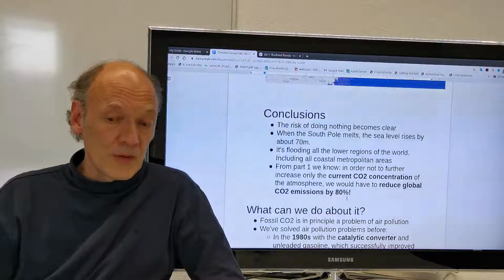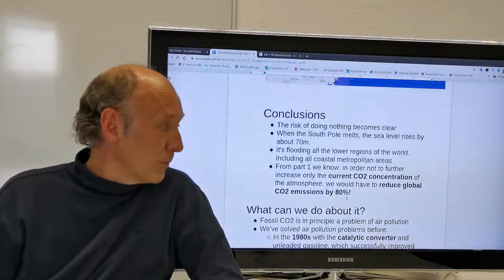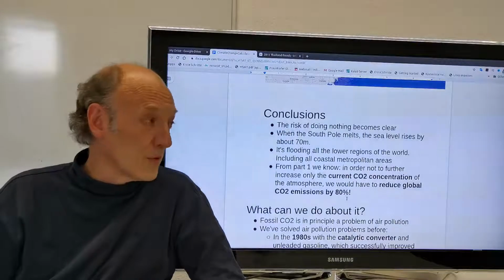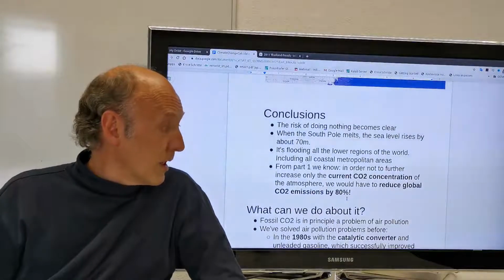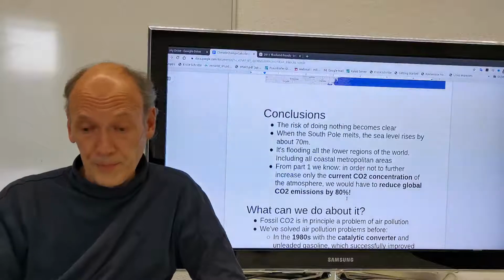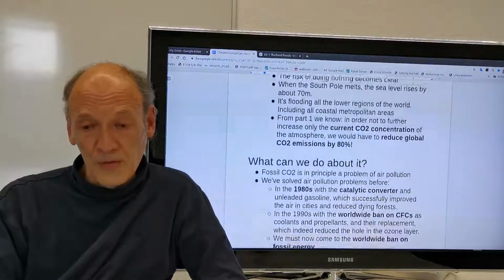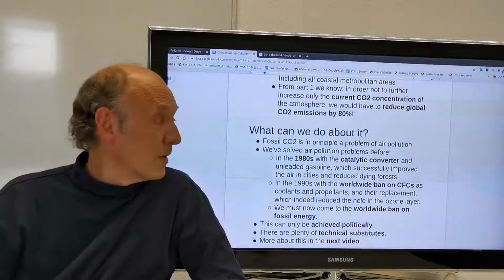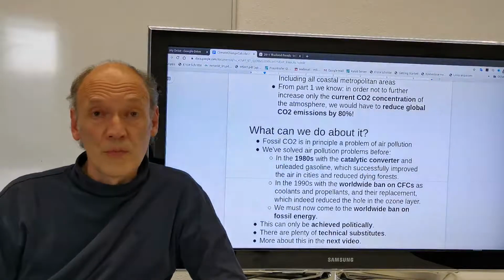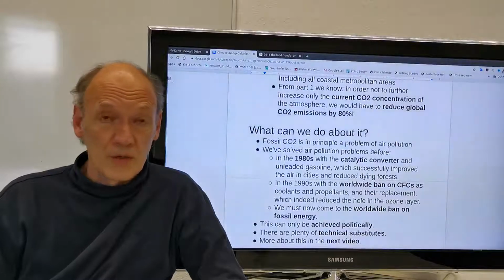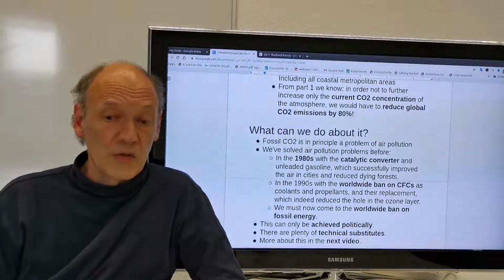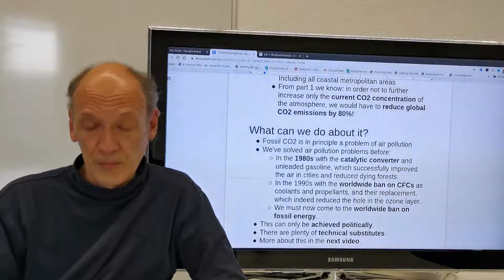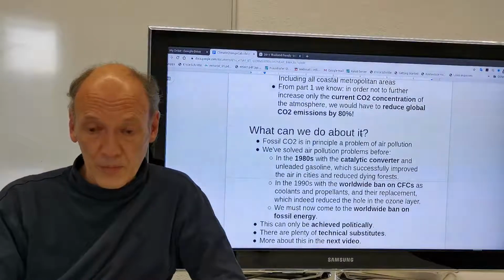So 80% is kind of the least we can do, or we should do, to avoid further acceleration of climate warmth increase. Yeah, so that's actually quite tough. CO2 emissions by 80%. Currently, we don't even manage to do a decrease. Actually, the CO2 emissions are still increasing and not decreasing, let alone by 80%.